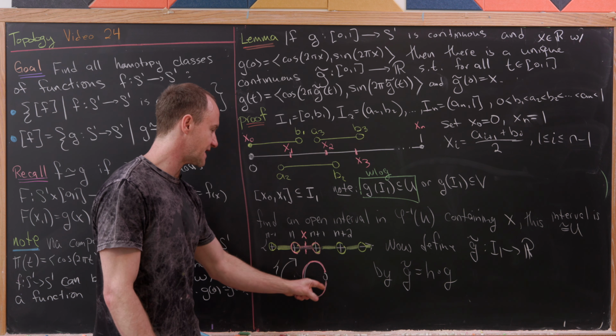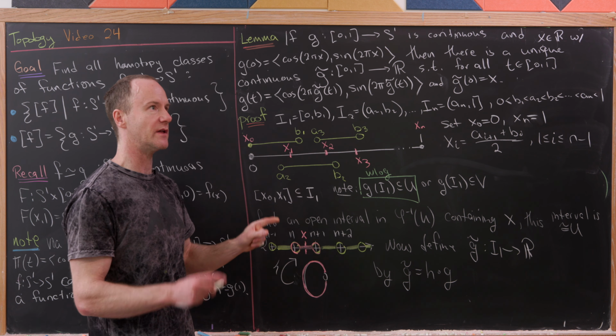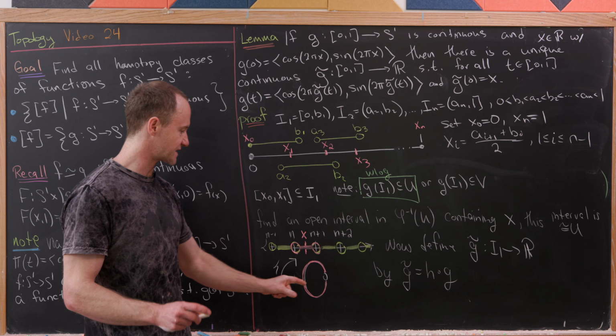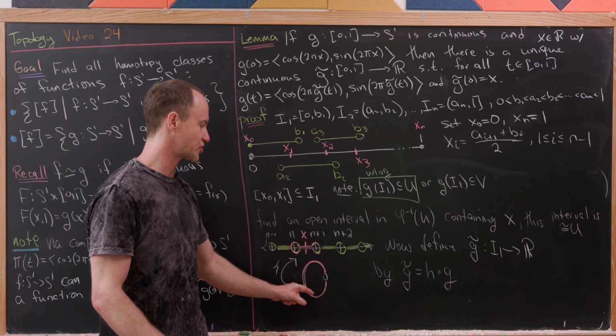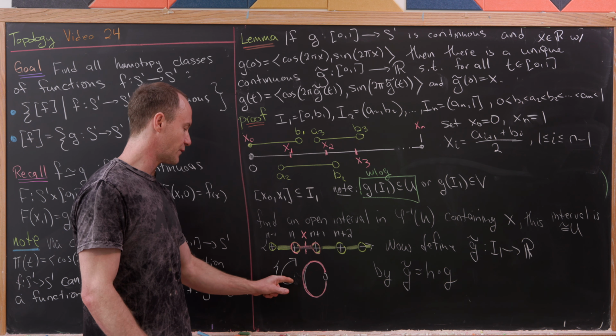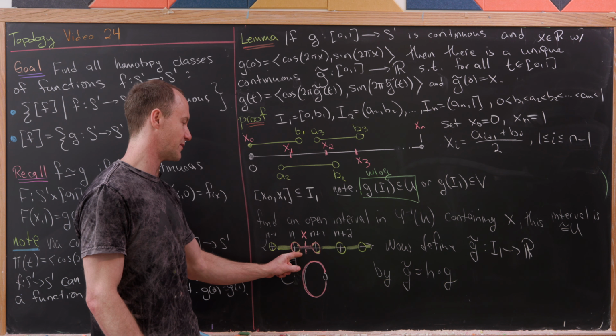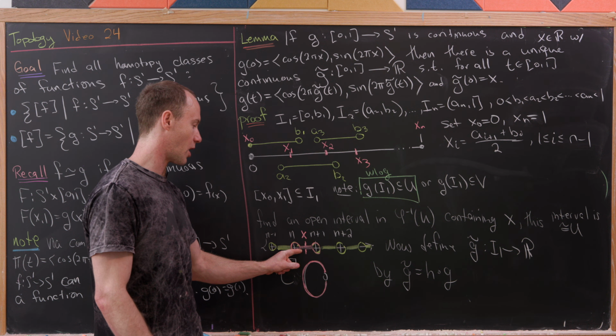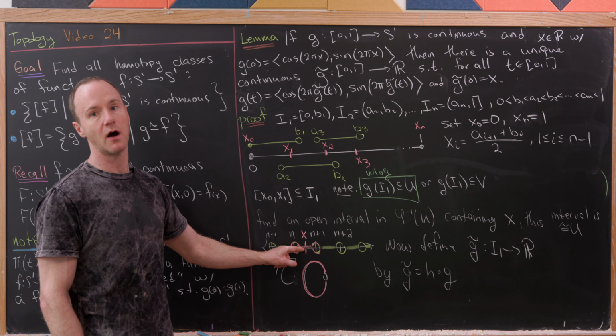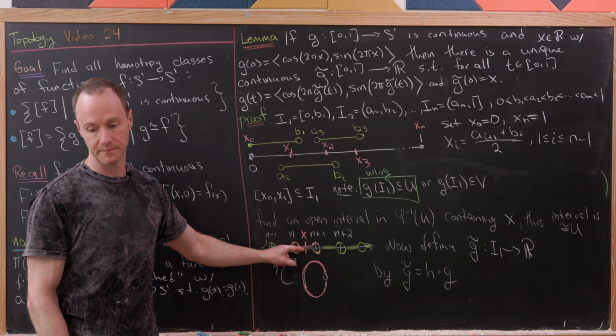And then G is mapping it onto the circle. But the way that we've made our assumptions with this construction, it's mapped to this portion U in the circle. But then we apply this homeomorphism from U up to this piece of the subinterval inside of R to get this point up here on the real line.